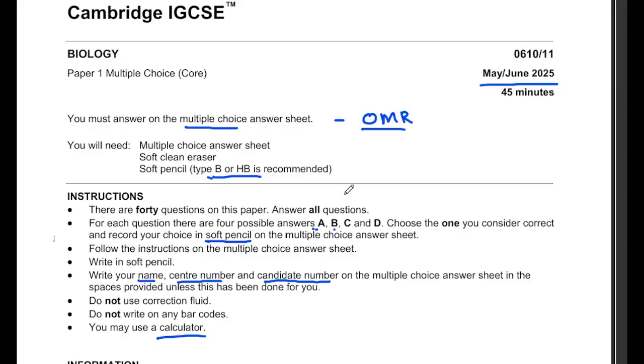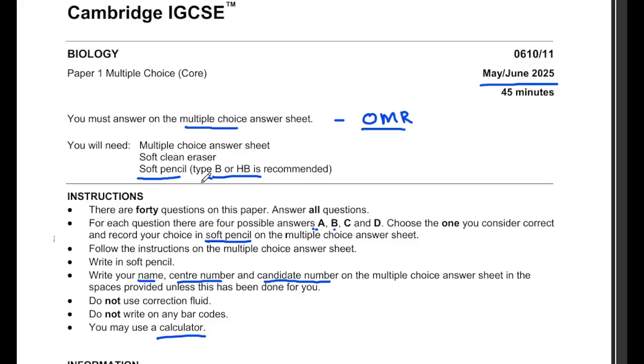Now when you get an OMR sheet, please fill it with a soft pencil, bubbling the bubbles with a pencil here. Use a proper clean eraser.